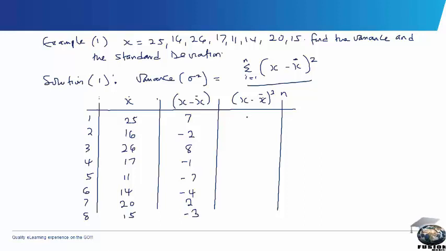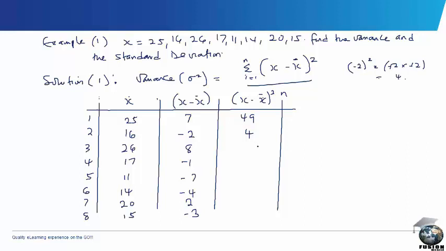If you square 7, you have 49. If you square 2, you have 4. The minus sign is going out because when you square minus 2, it's as good as saying minus 2 times minus 2. So the minus takes care of itself, and then we have positive 4.